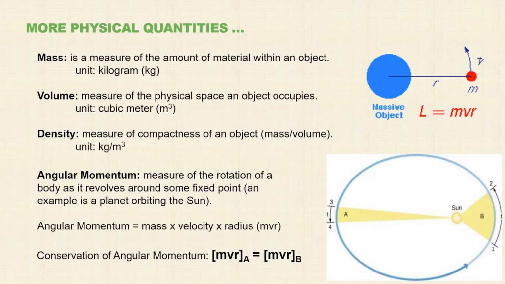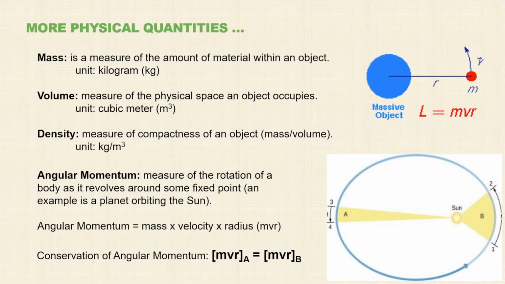Let's say that mvr comes out to be 100. Whenever the object is here, its angular momentum magnitude must also be 100. The momentum is conserved going from here to here.